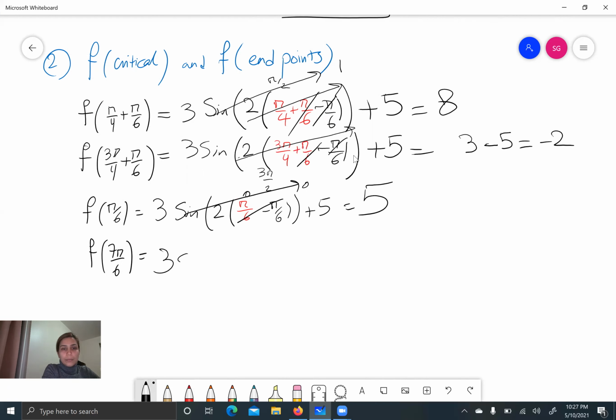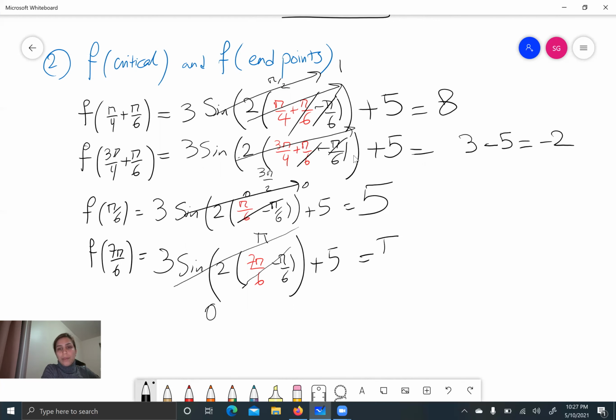And the last one, the input value is 7 pi over 6 minus pi over 6, plus 5. So 7 minus 1 is going to be 6. So this is going to be 6 pi over 6, so it's going to be pi. So it's going to be 2 pi. Sine of 2 pi is 0. 3 times 0 is 0, so it's going to be 5.